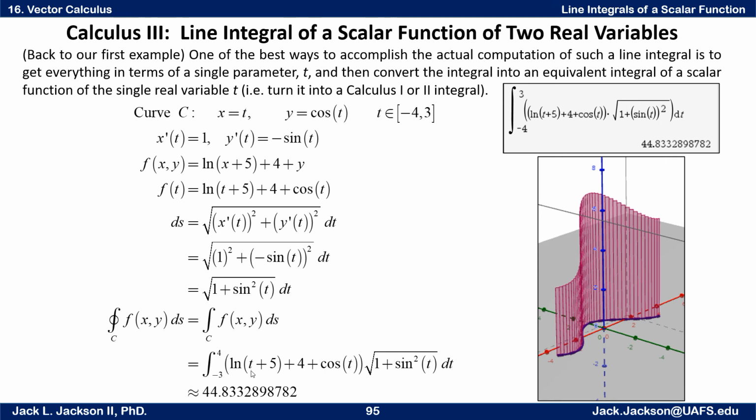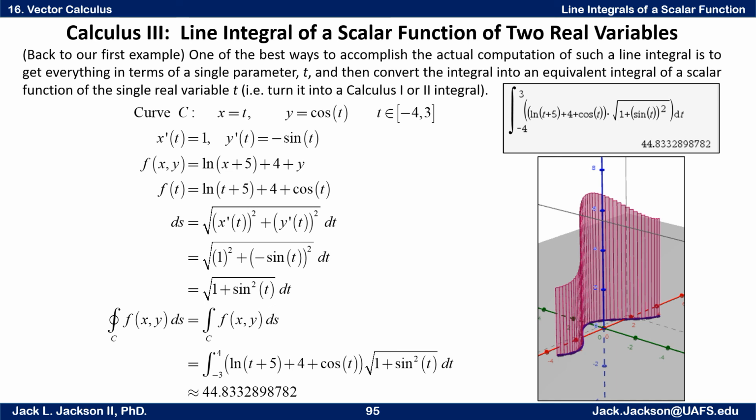We often resort to some approximation technique. Here I ran this through a TI-Nspire CAS, and it would tell me an exact answer if it knew how to do it, and it doesn't. It came back only with a decimal approximation. But at least we get a decimal approximation. So the area we found of this wall here is about 44.8 units.